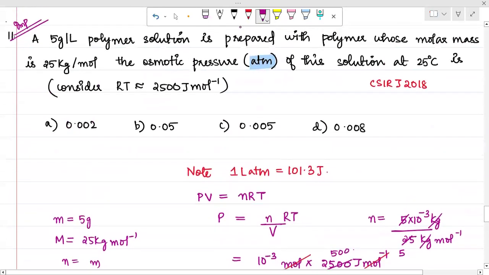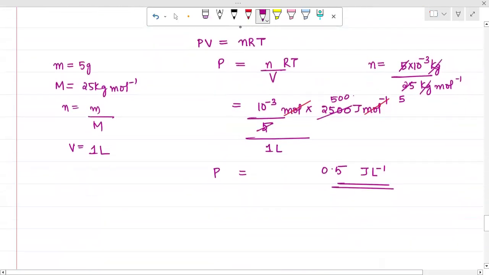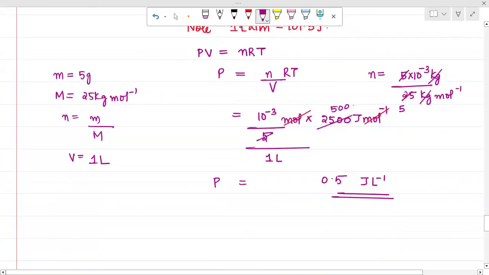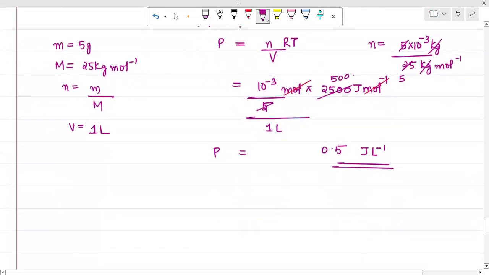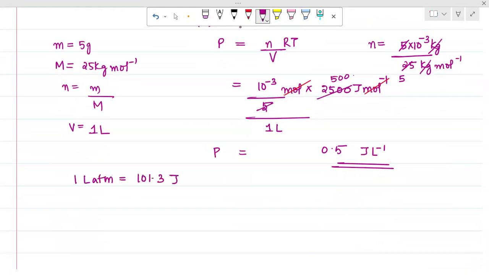We need it in atmospheres. Correct? We need it in atmospheres. So how do you do that? So I'll explain. 1 liter atmosphere is equal to 101.3 joules. So we need just 1 joule. We need to convert this.